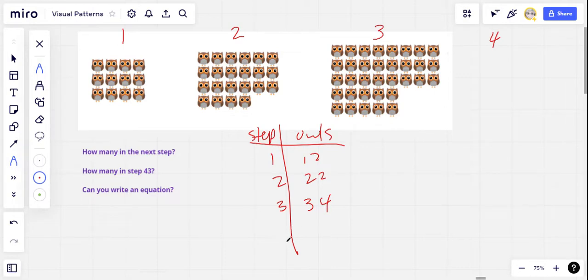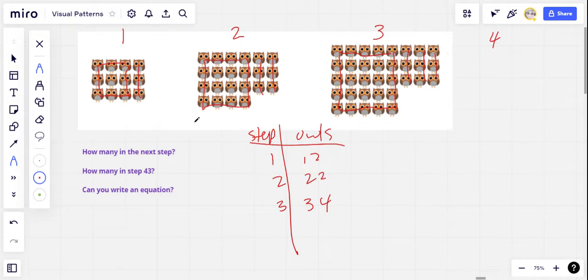Now, let's see if we can actually add step 4 to this chart by predicting it. And I guess I'm going to think about it this way. We've got a 3 by 3 square here, plus one more row of 3. Then we've got a 4 by 4 square with 2 rows of 3. And here we've got a 5 by 5 square with 3 rows of 3.